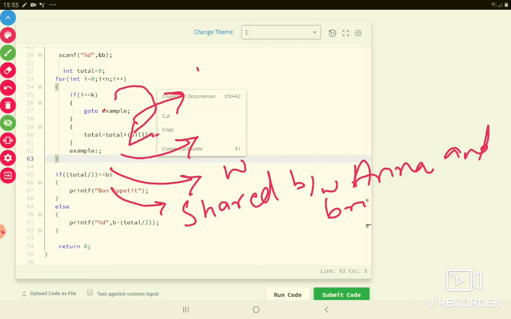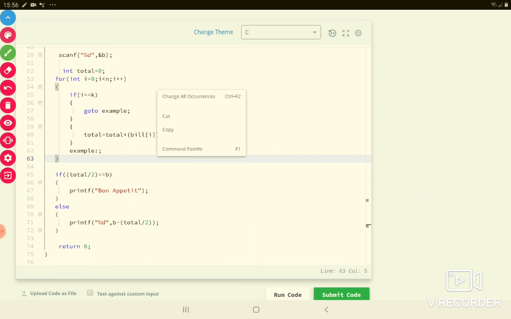Else we return the money that should be returned by Brian to Anna, which exceeds the amount that should be paid by Anna. That means b minus total divided by 2, and then return 0. This will pass all the tests of HackerRank.